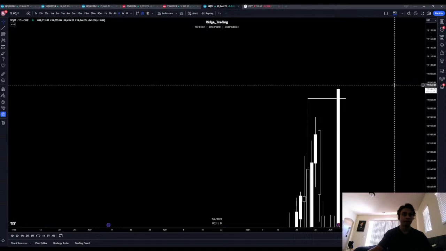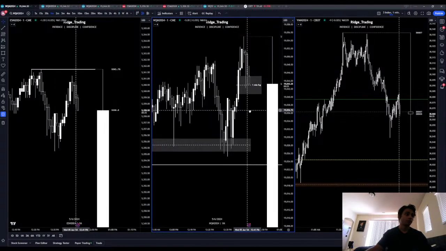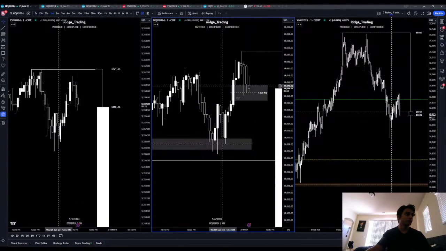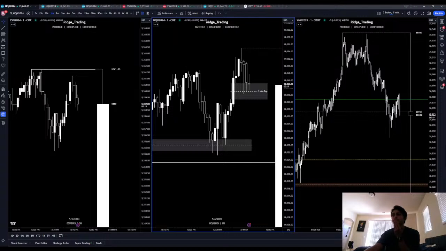Right now this wick is only 10 points, so we'll see what happens here, especially in the 1 minute also. Eight minutes left until that candle comes.